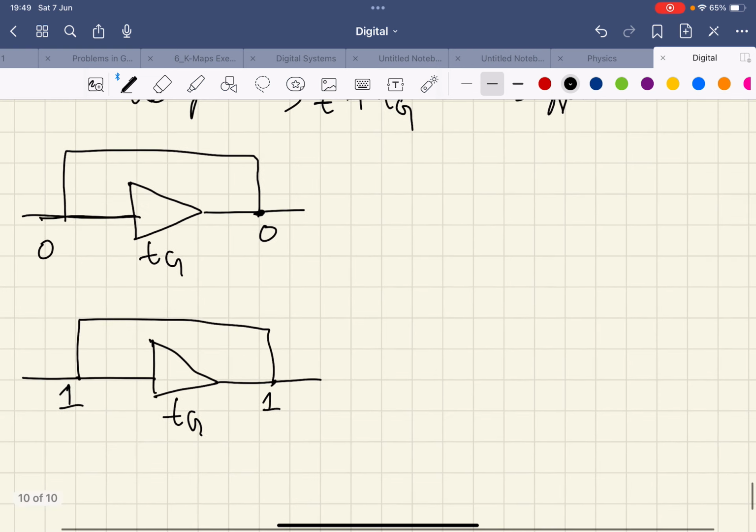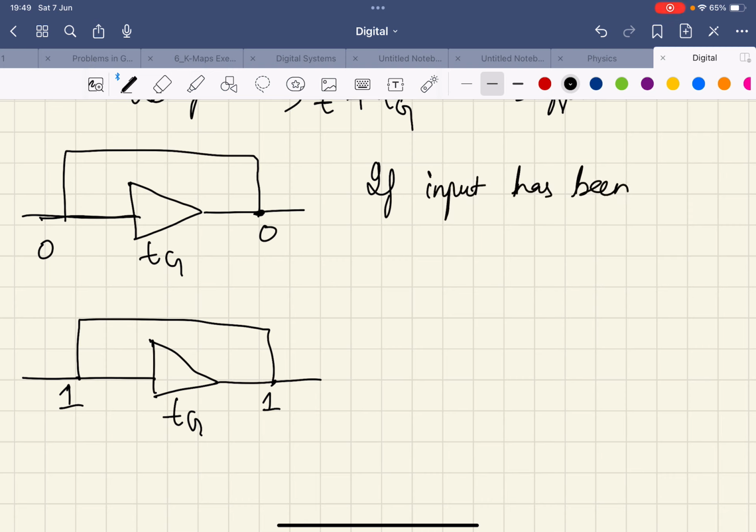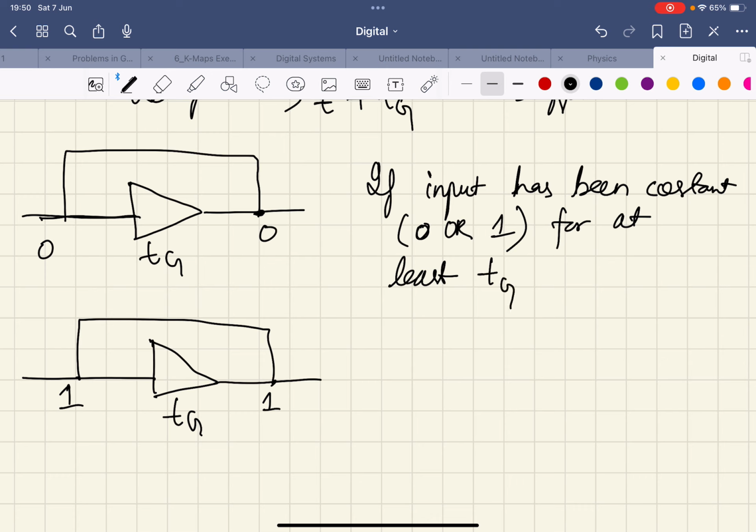What does it mean? If the input has been constant, either 0 or 1, then for at least tg, this is the tg time, the least time delay, I can say.